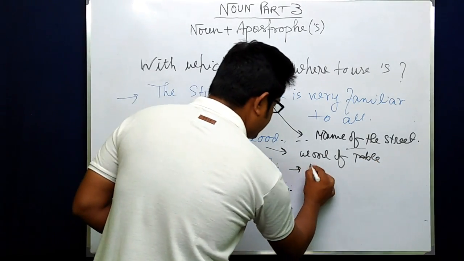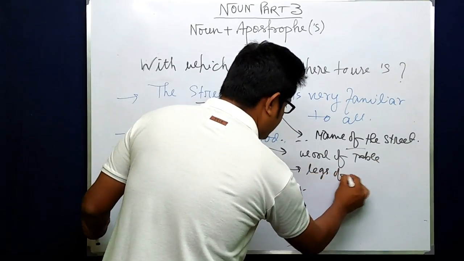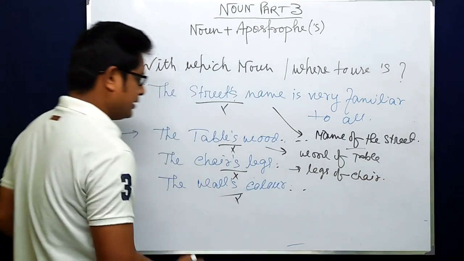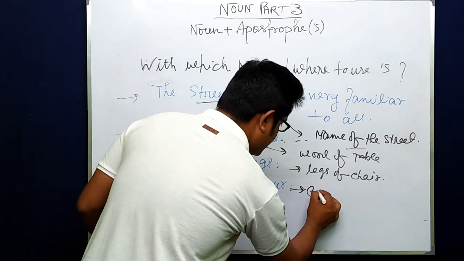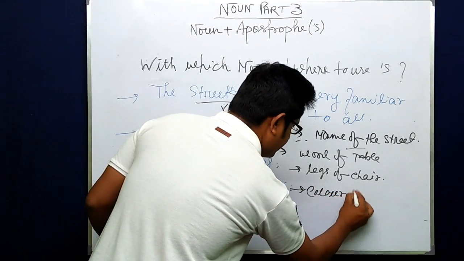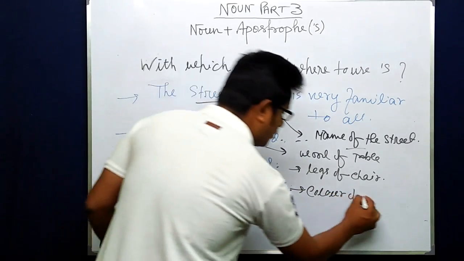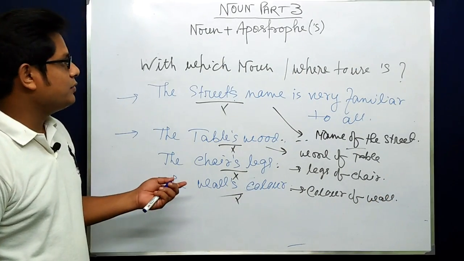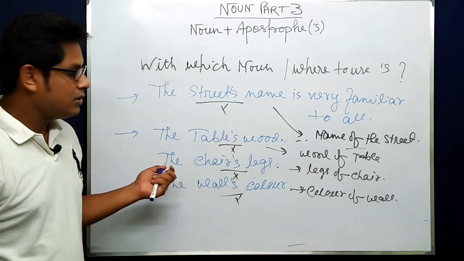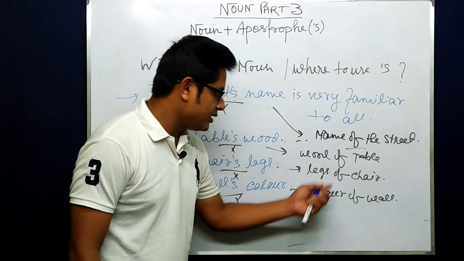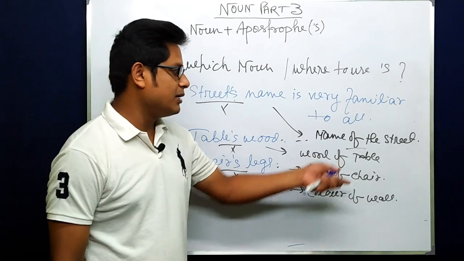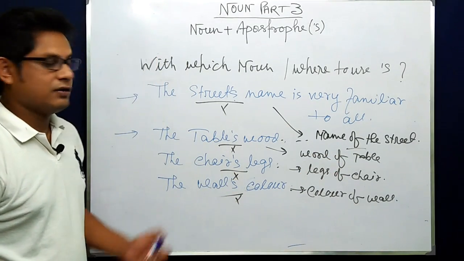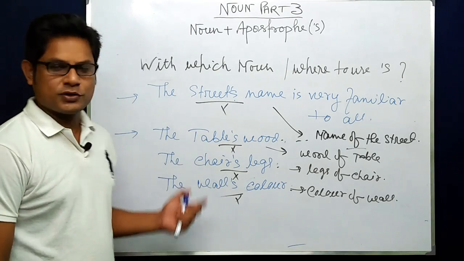Or legs of chair. Clear? Or color of wall. As I said, you cannot use apostrophe s with a non-living noun, but you can use it in this way, with of. So you can use name of the street, wood of table, legs of chair, color of wall. So that is the process of writing.